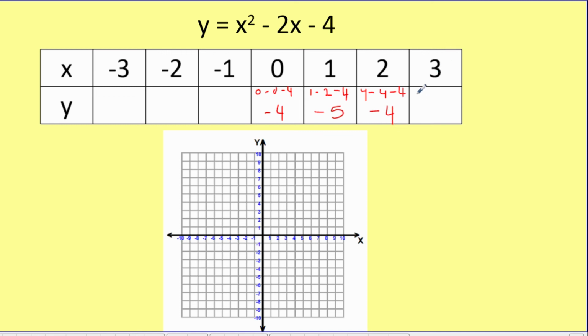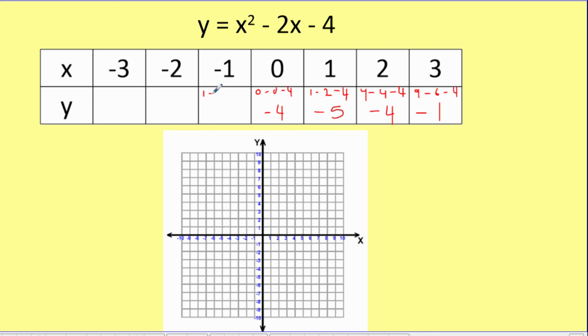3 squared, 9. Take away 2 times 3, which is 6. Take away 4. 9 take away 6 is 3. Take away 4 is negative 1. Okay, this side. 1 squared is 1.